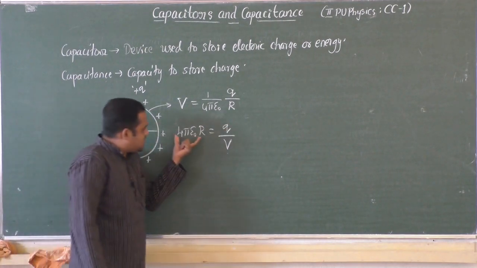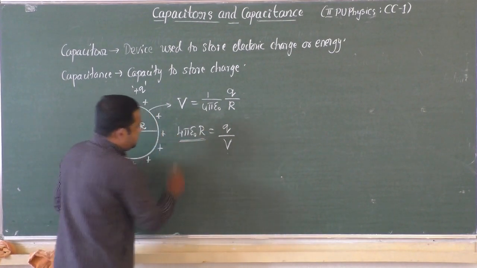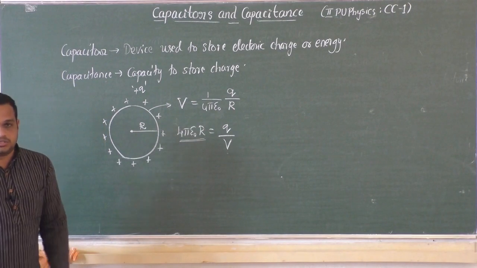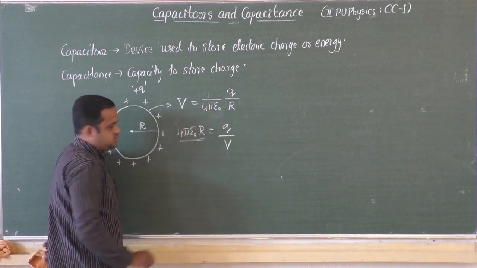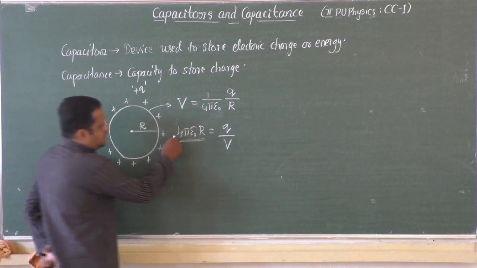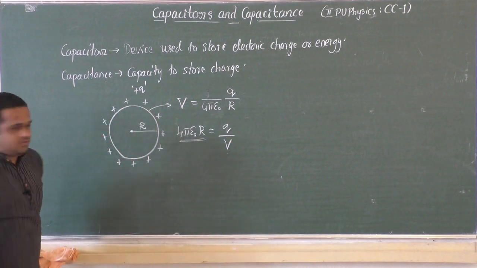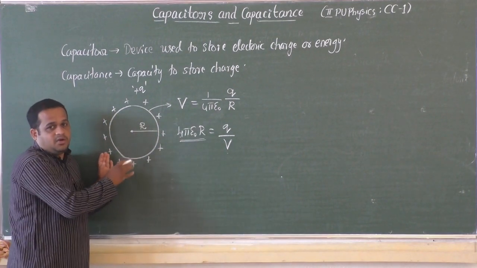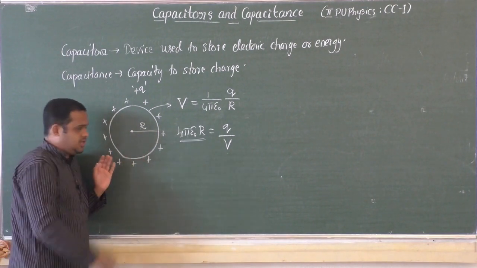Now if you consider the left hand side of this equation, Q divided by V is a constant. 4 pi epsilon naught is constant, and R represents the radius of the conductor. For simplicity I consider the example of a spherical conductor, but this is true for conductors of any shape.